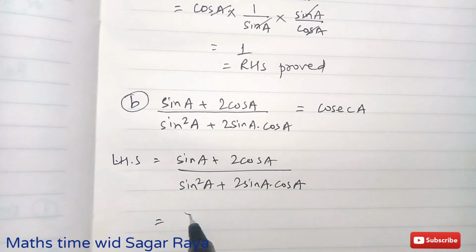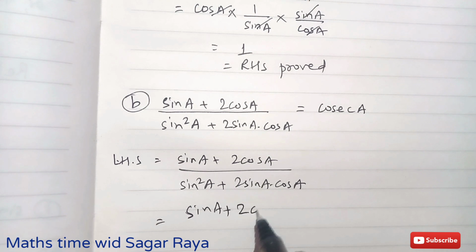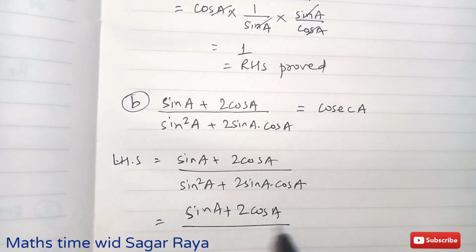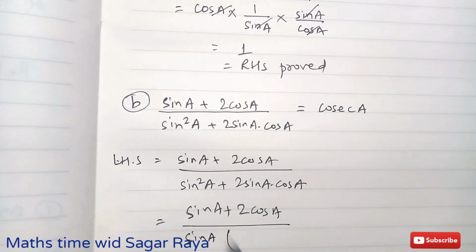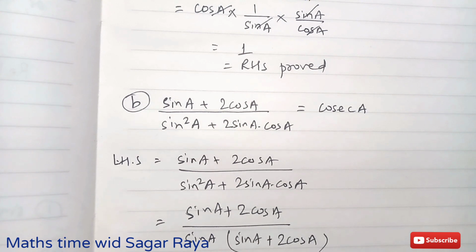The numerator let it be as it is, sin A plus 2 cos A. In the denominator, sin square A and 2 sin A cos A, you take sin A common, so sin A as it is, and if you take sin A common, what remains is sin A plus 2 cos A. Here also sin A plus 2 cos A, so this and this you may cancel.